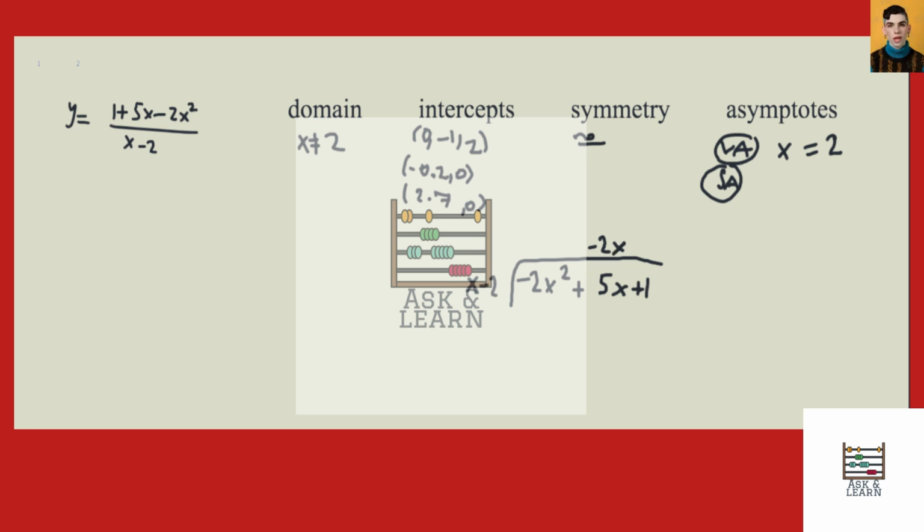Negative 2x times x would normally be negative 2x squared, but we're going to change the sign to cancel the first term. Same goes here. All right, next term, negative 4x, we change the sign, and we're going to bring down the 1. Cancel. We're left with x plus 1.